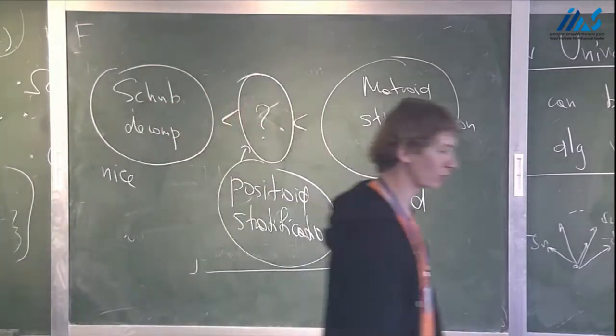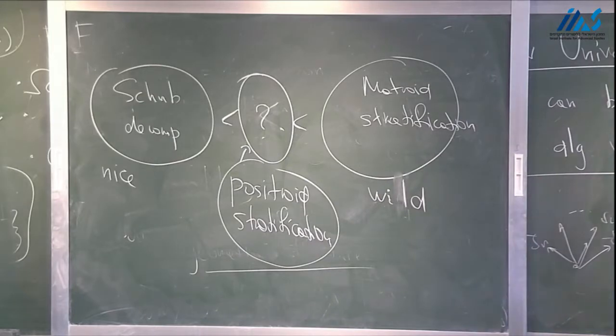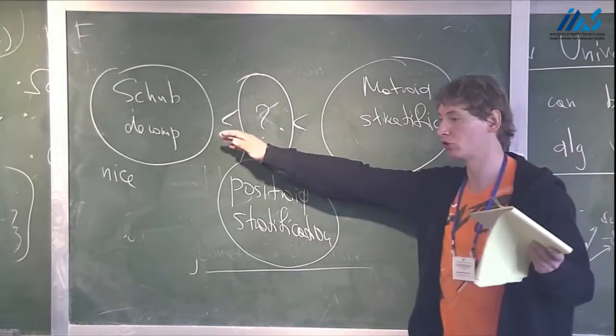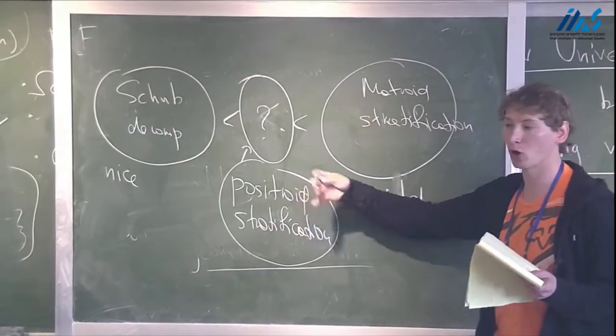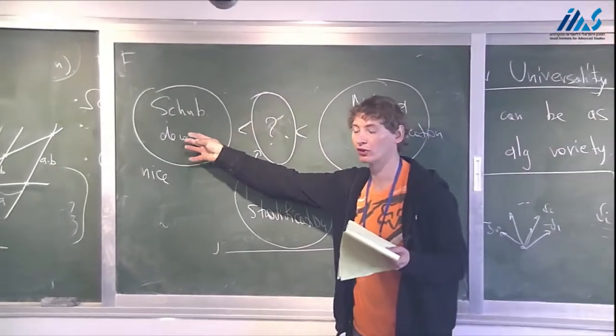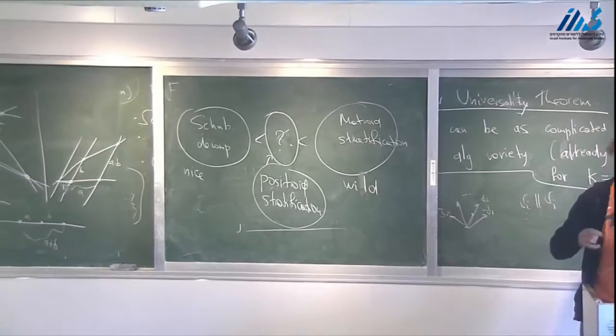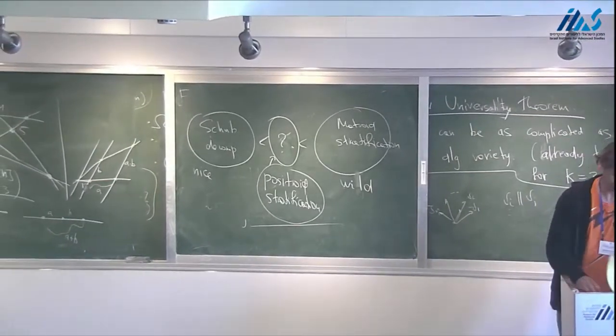Okay, and so my goal is to tell you about this Positroid stratification. It has nice features of the Schubert decomposition: these cells will be open balls, they will form a CW complex, and so on. But it will have richer, more interesting combinatorics.